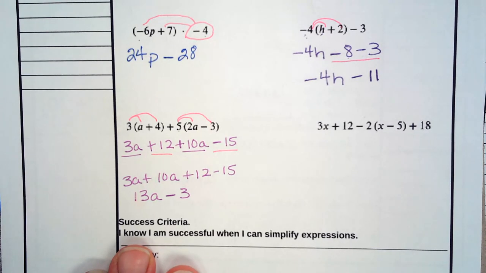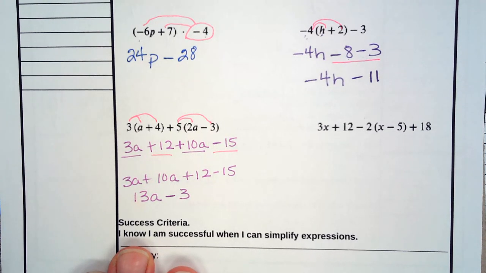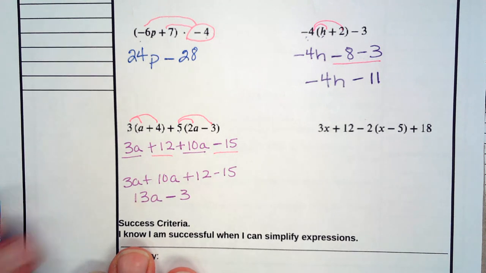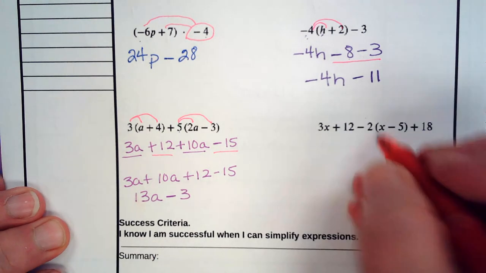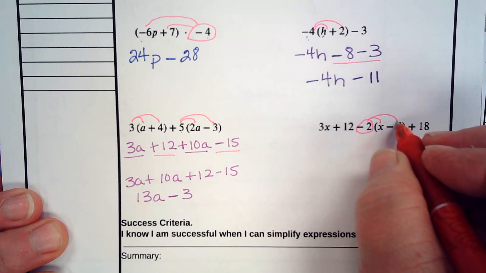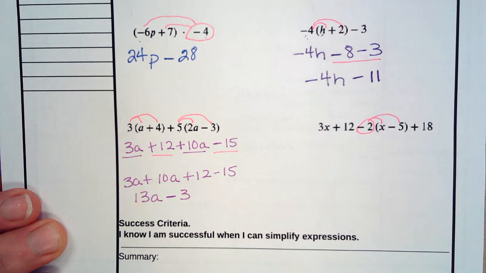Okay, pause the video and try to set up the next one without finishing it up. Can you set it up yourself? Remember to keep that sign with it. I hope you did that first step.